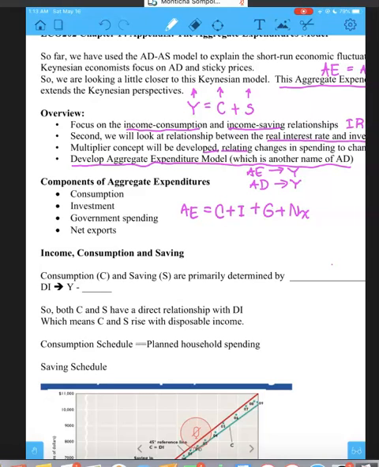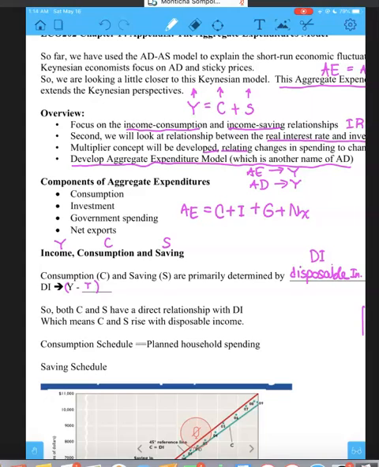All right, so now let's take a look at those three variables, right? Income, consumption, and saving. So consumption and saving are primarily determined by disposable income. Okay, disposable income. Right, so DI stands for disposable income, which means the GDP minus taxes.